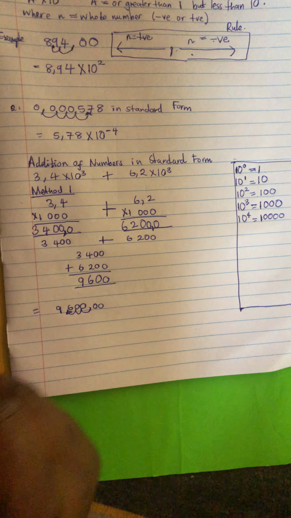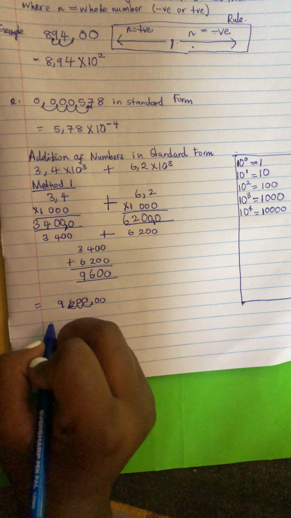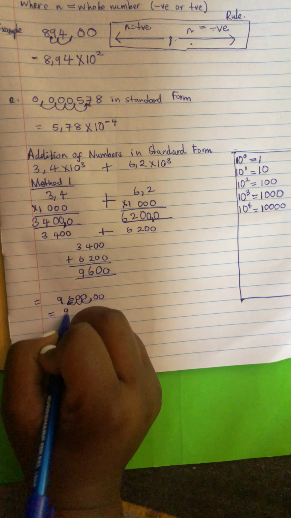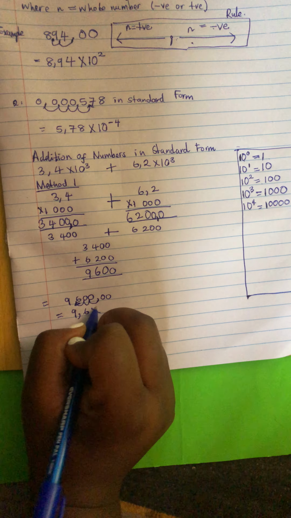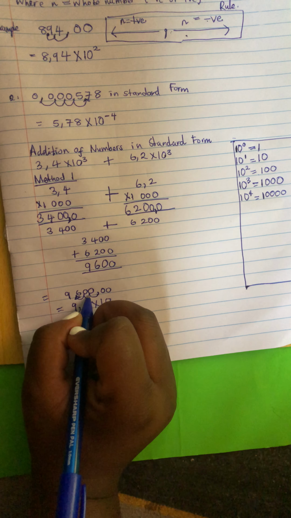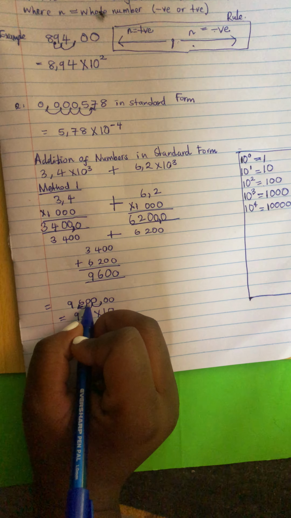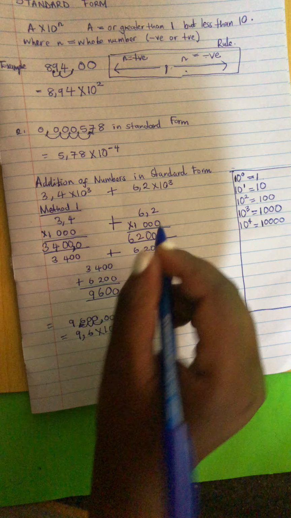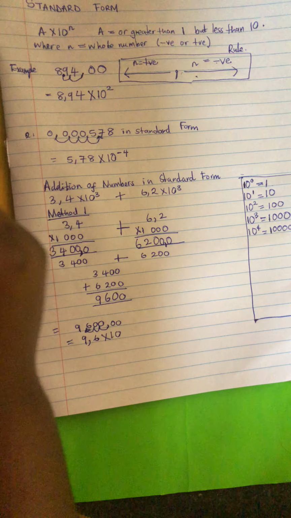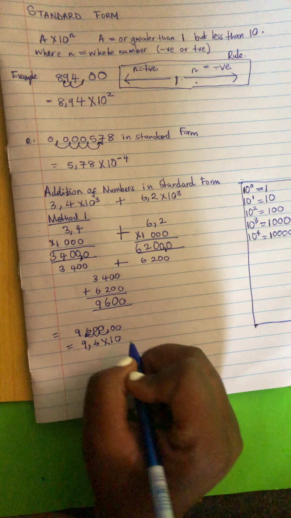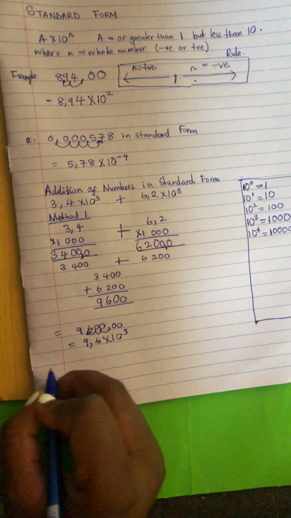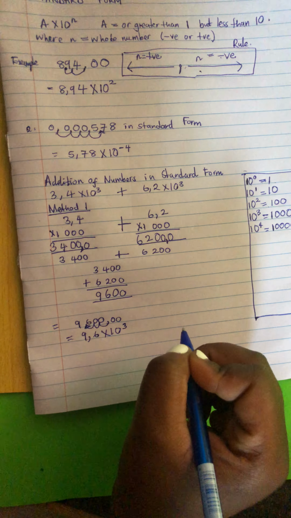We want it to be between 1 and 10. So it is now equal to 9.6 times 10 to the power of... how many times have we moved our comma? 3 times. And our rule says if we move the comma towards the left, our n is positive. Therefore, our answer is 9.6 times 10 to the power of 3.